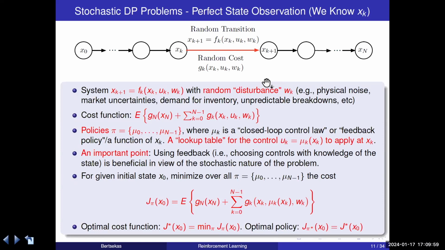Okay, we'll see later that for infinite horizon problems, no matter how many stages you have played already, what stage you are, the future looks the same. So in that case, stationary policies that do not depend on the stage, but only on the state, make sense because the tail subproblem looks the same. It goes from the current state to infinity. So what happened before or how many stages you were doesn't matter.